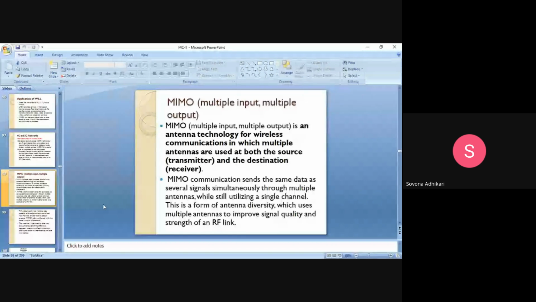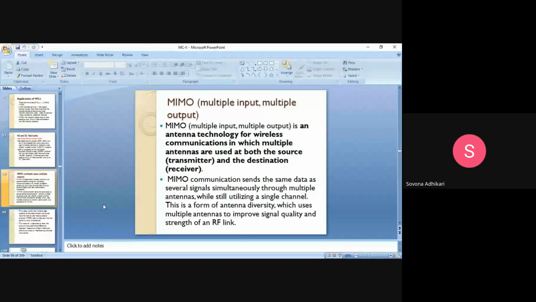So one is the transmitter, another is the receiver. MIMO communication sends the same data as several signals simultaneously through multiple antennas while still utilizing a single channel. This is a form of antenna diversity which uses multiple antennas to improve signal quality and strength upon an RF link.